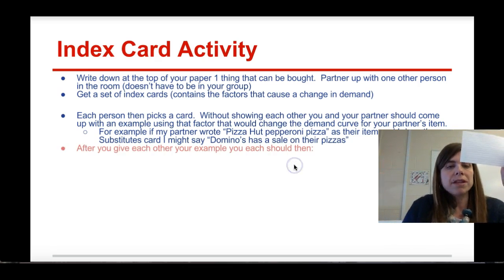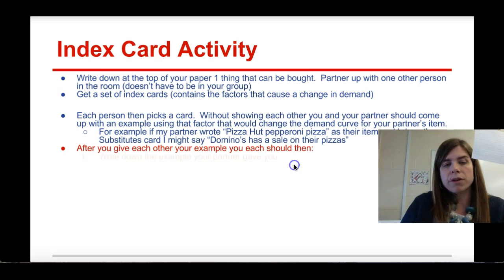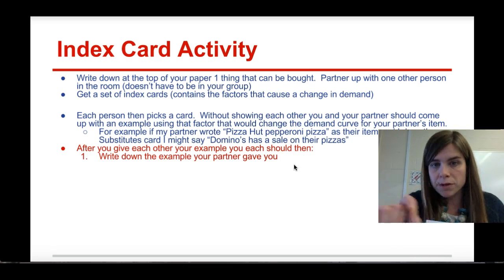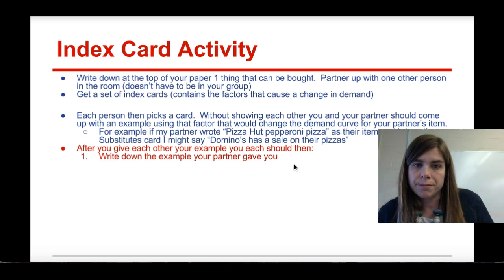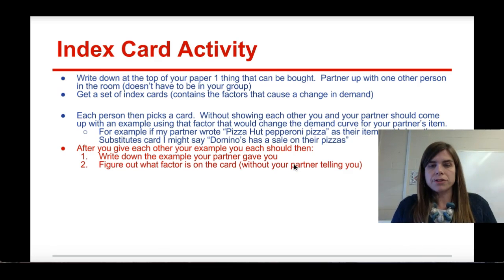So after my partner gets that example, they're going to have to write down my example on their paper. So my partner's going to write down Domino's has a sale on their pizzas. Then they have to figure out what factor is on the card without me telling them.